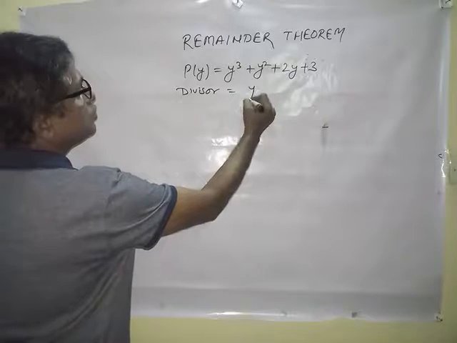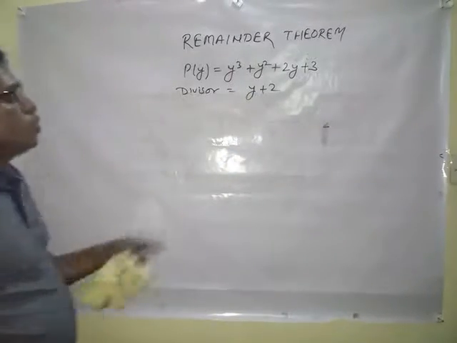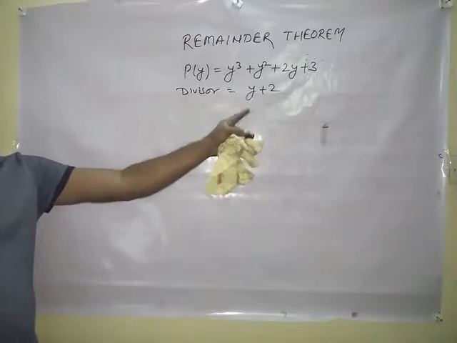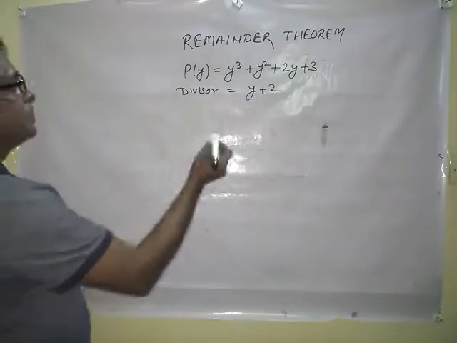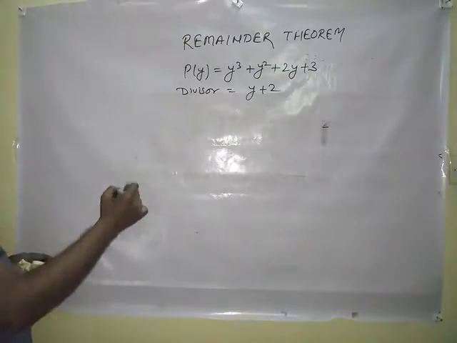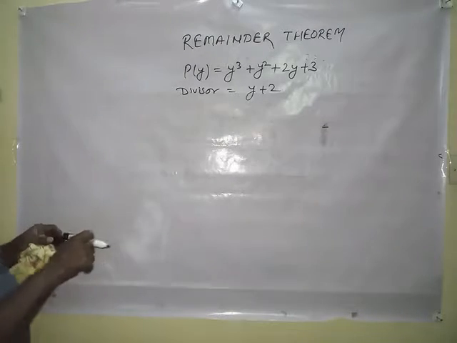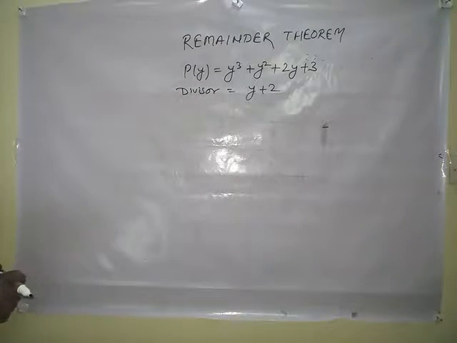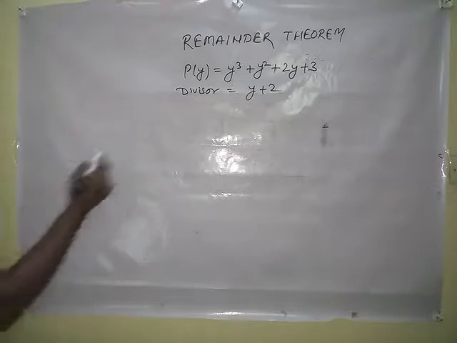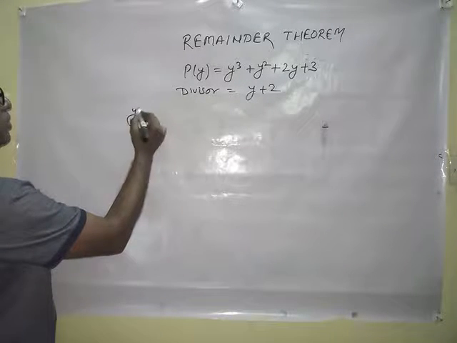Divisor is equal to y plus 2, which is a linear equation because the highest order is 1. I'll solve it with the long method and the other method to find the remainder. Let us take the long method quickly.